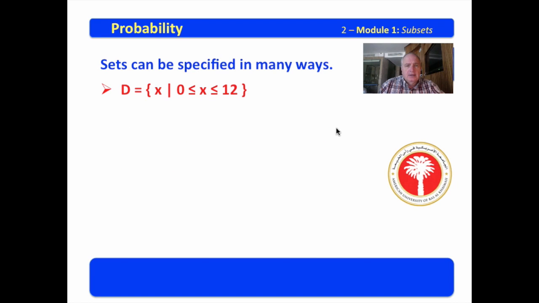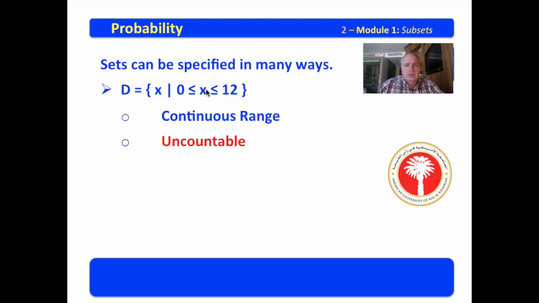We have another way of writing a set. D equals the set of x such that x lies between 0 and 12, 0 is less than or equal to x is less than or equal to 12. And this is a continuous range of values because there's no discontinuity between 0 and 12, and this is an uncountable set.